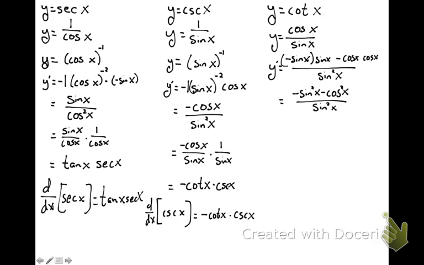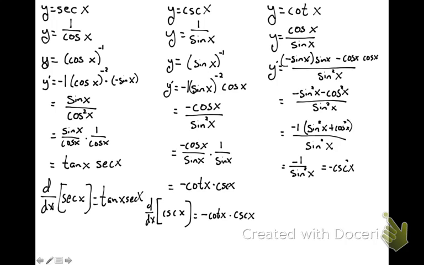And if we factor negative 1 out of the numerator, we will have negative 1 times sine squared x plus cosine squared x over sine squared x. But sine squared x plus cosine squared x is 1, so this is negative 1 over sine squared x, which happens to equal negative cosecant squared x.